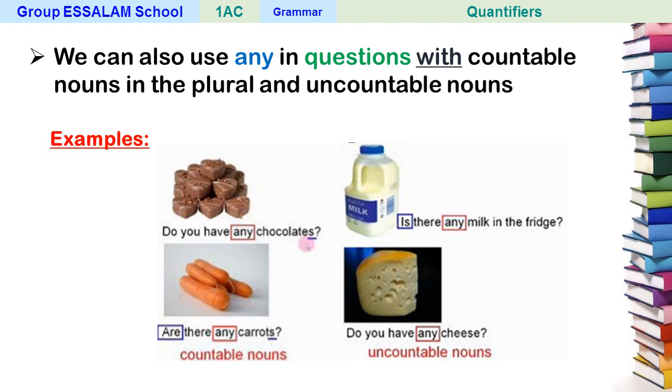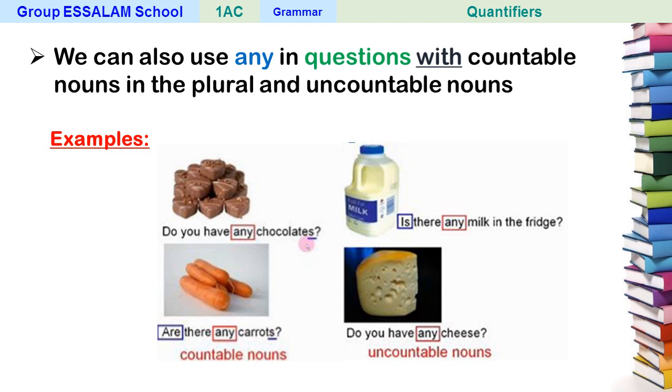From the other side, let's talk about some. Some, we use with positive sentences, affirmative sentences. For example, there is, there are, okay? And also we use some with questions when we want to ask for something, like, can I have some orange juice? Can I have some strawberries?